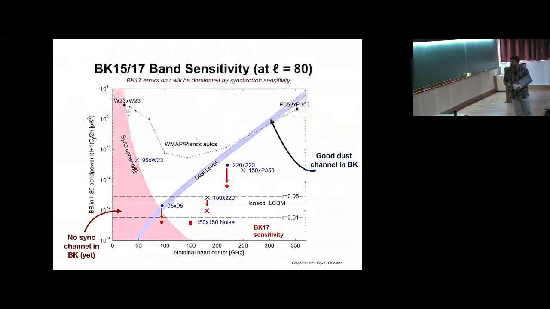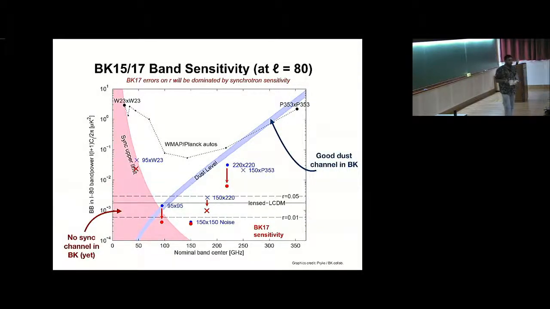Okay. Driving that point more seriously and not with cartoons, this is the sensitivity computed in a band power around l of 80, where the B modes peak. What we are showing here, driven from BICEP's historical measurements, is what limitation you will get from synchrotron and dust.